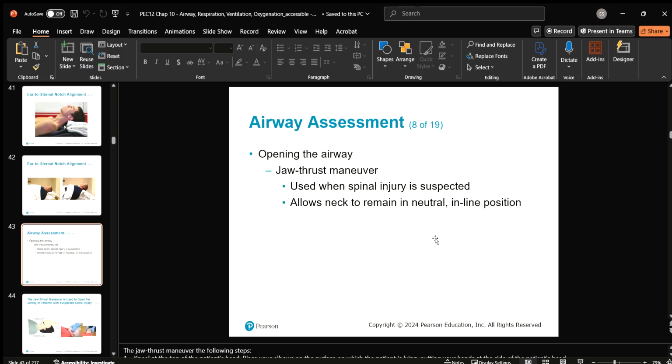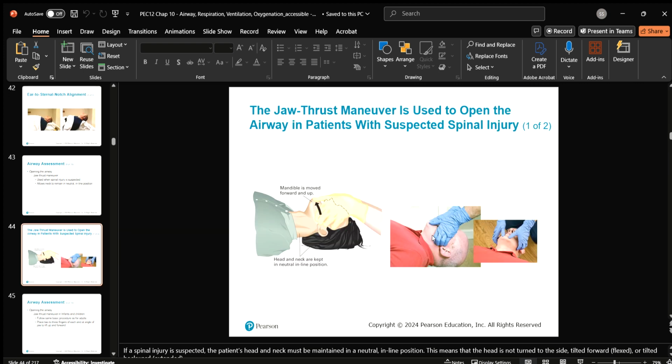All right, jaw thrust maneuver when spinal injury is suspected for our traumatic patients. So the jaw thrust. Are we just going to hold this forever? No, that's just impractical. What are we going to do for this guy? We're going to put in some type of airway.